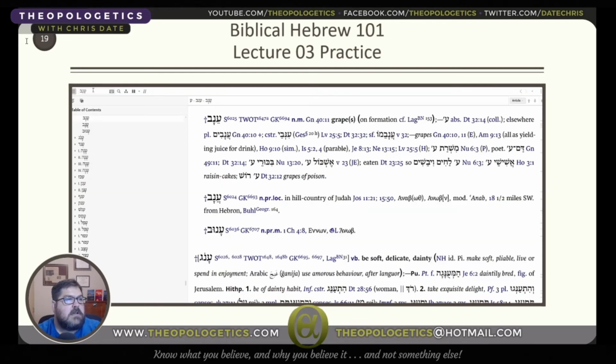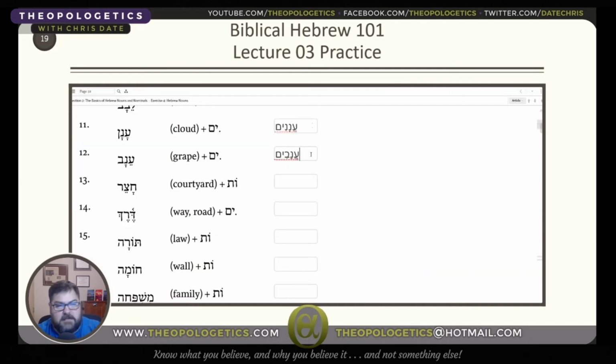There we go. Grapes. Now that's interesting. So it looks like even though it's a tsere under the guttural and therefore reduces to a composite shava, nevertheless it reduced to a chatav patach, not a chatav segol. So again, these aren't hard and fast rules all the time, but you can also see that the difference between anavim and enavim is extremely small. So you would have been able to tell anyway if you'd encountered it with the right spelling.